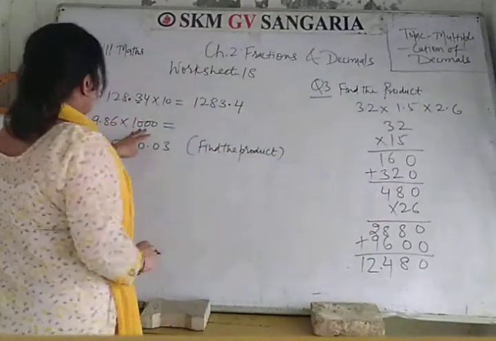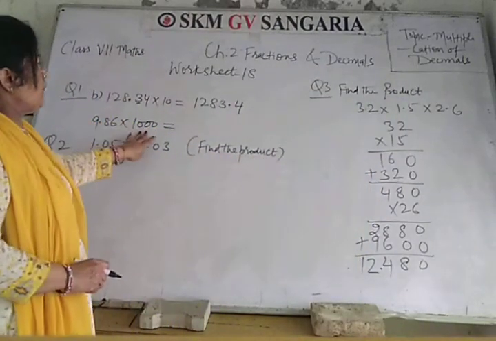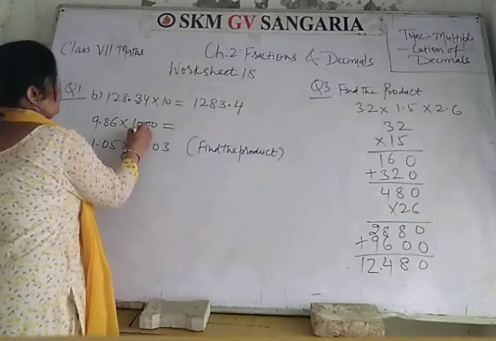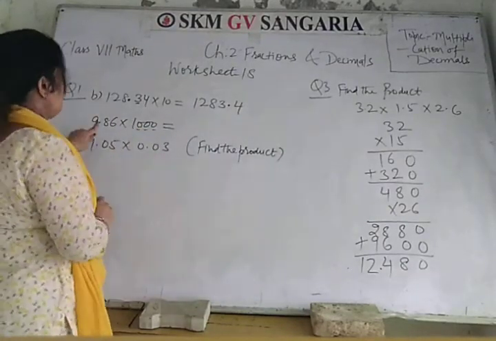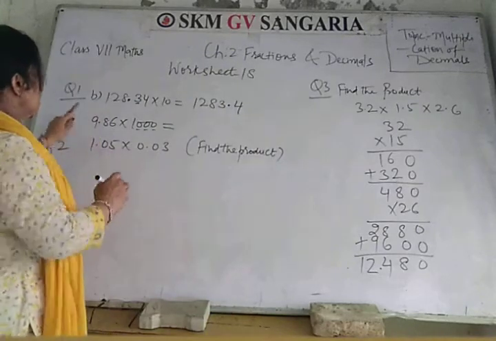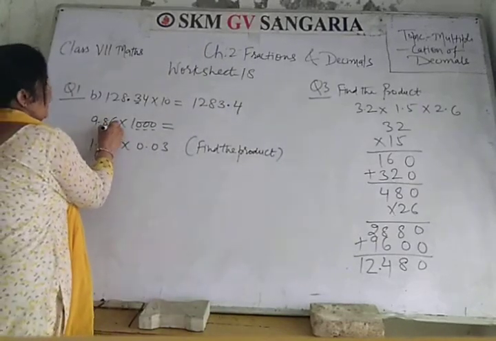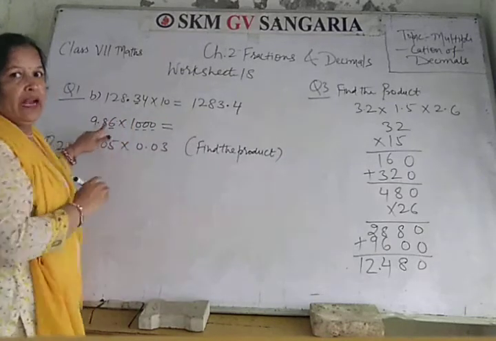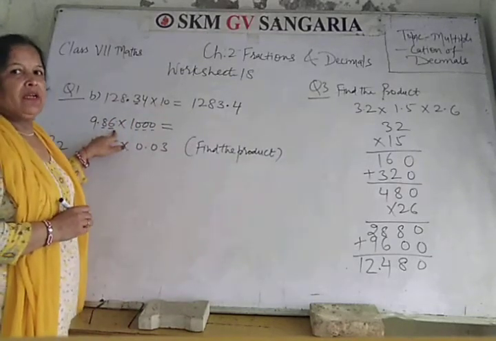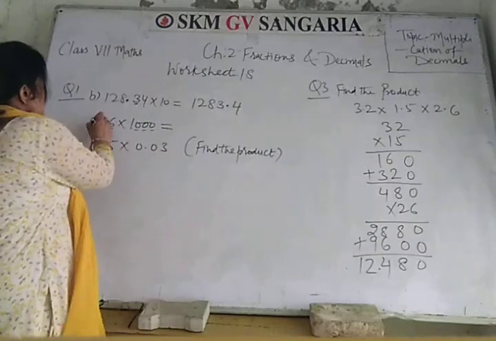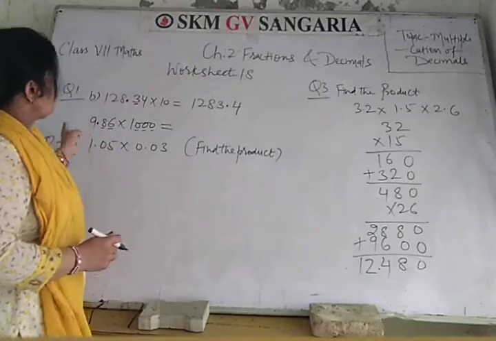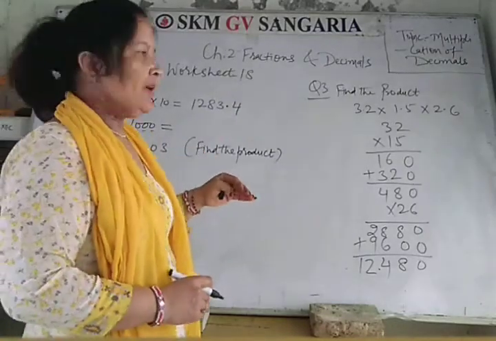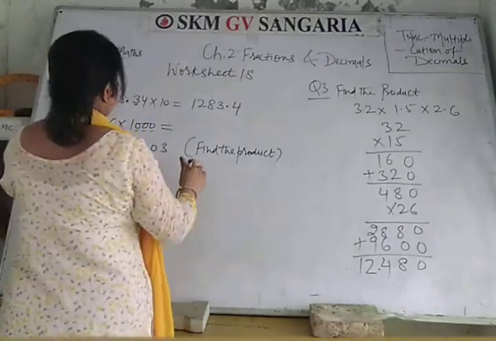then when you multiply a decimal number by 1000, there are 3 zeros, 1 2 3 zeros, but here after the decimal how many digits are there? 1 2, and we will put 1 zero from our side to make 3 digits after the decimal. So this decimal will move towards the right side, leaving 3 digits after the decimal.